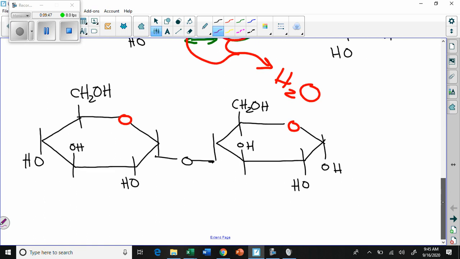Now we have something that's made of two sugars. So what do you think we'll call it? Not a poly, because poly means many. What means just two? Disaccharide. So this is called a disaccharide. And this one has a very specific name as well. Okay? It's two glucoses stuck together.